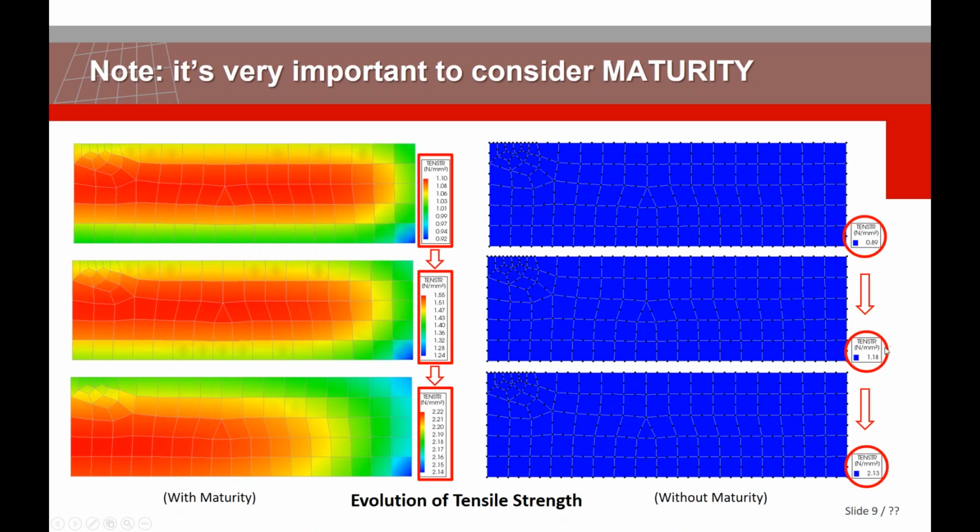Let's say it increases, but everywhere in your section is the same. But if you consider maturity, then you have a variation of your tensile strength, and as the tensile strength evolves, you will see this variation is also changing a little bit.